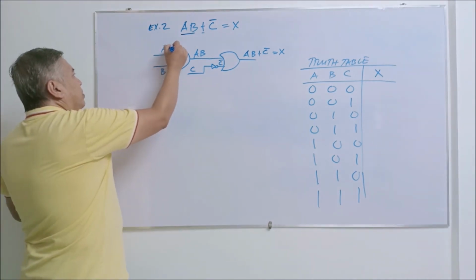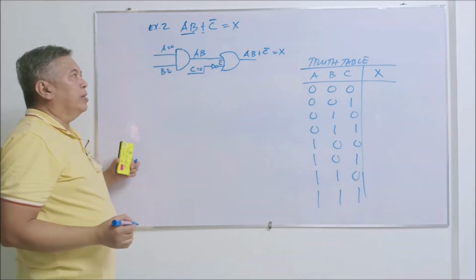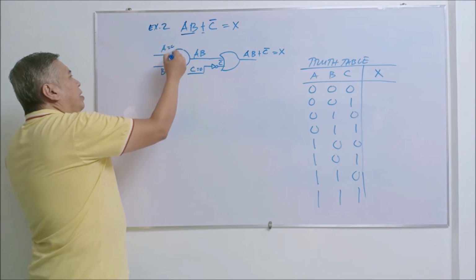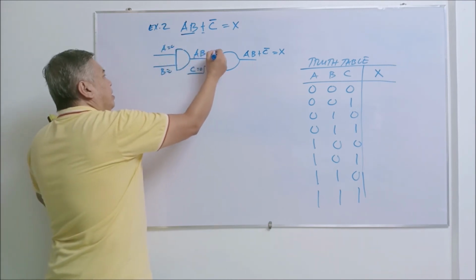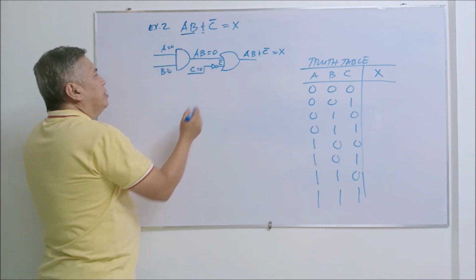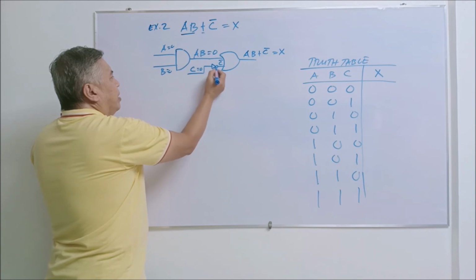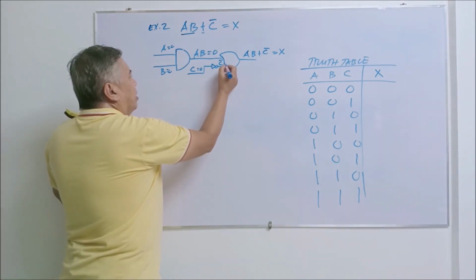So you have 0, 0, and C is also 0. So you have A, B, AND gate. The value is 0. Then you have C, which is equal to 0. Once it passes through an inverter, it becomes 1.